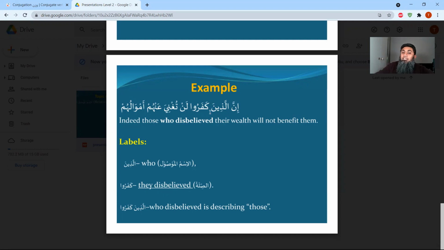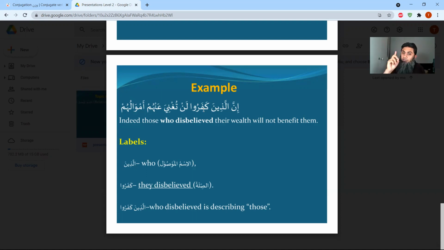Now, if kafaru is fail madi, please everyone pay attention. Every fail in Arabic language is a complete sentence. I said this in my video as well, repeatedly. Because sometimes when you only read one word, you cannot think that it could be a complete sentence, because we are familiar with the English language, which at least needs 3 words to make a sentence.